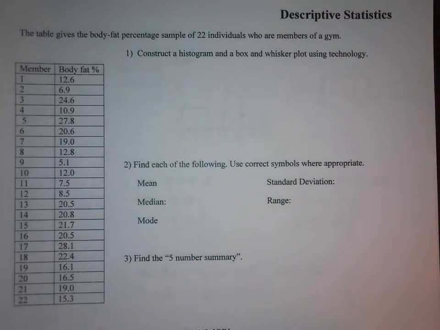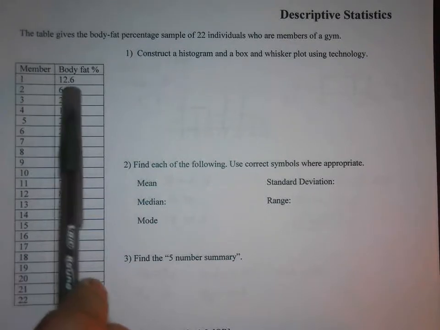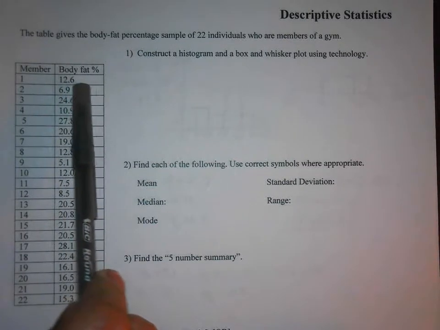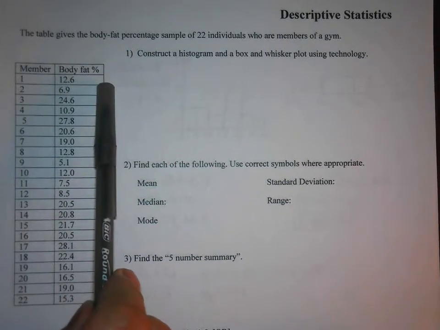So maybe when they joined the gym, this was this member's body fat percentage, and then after 6 months at the gym, you do an after calculation of body fat. Then you would want to make sure that member 1 was paired up with their data.